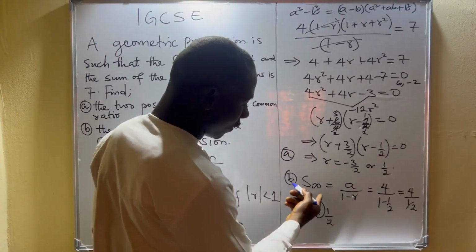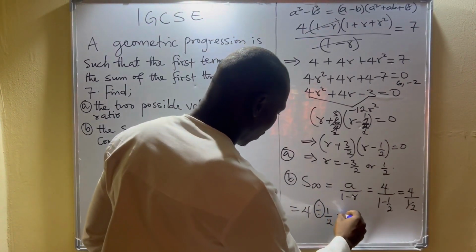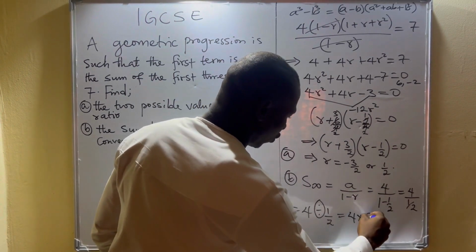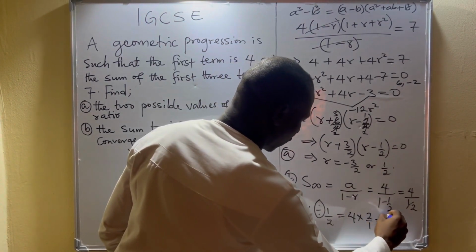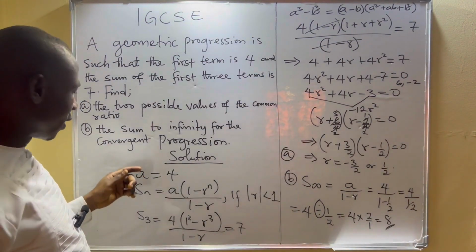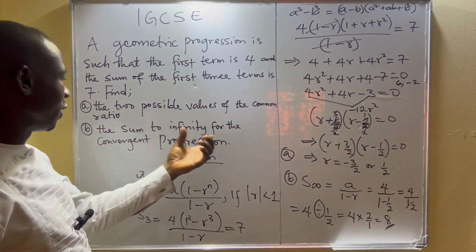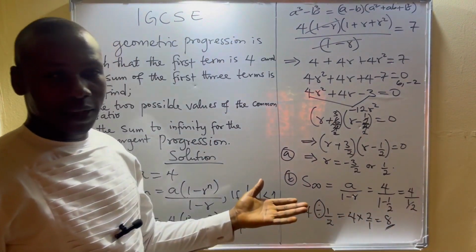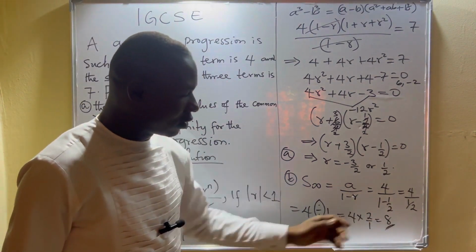If I change this division to multiplication, I will have 4 times 2/1, which is equal to 8. So what we have achieved is that the sum to infinity for this convergent progression is equal to 8, and that's the final solution.